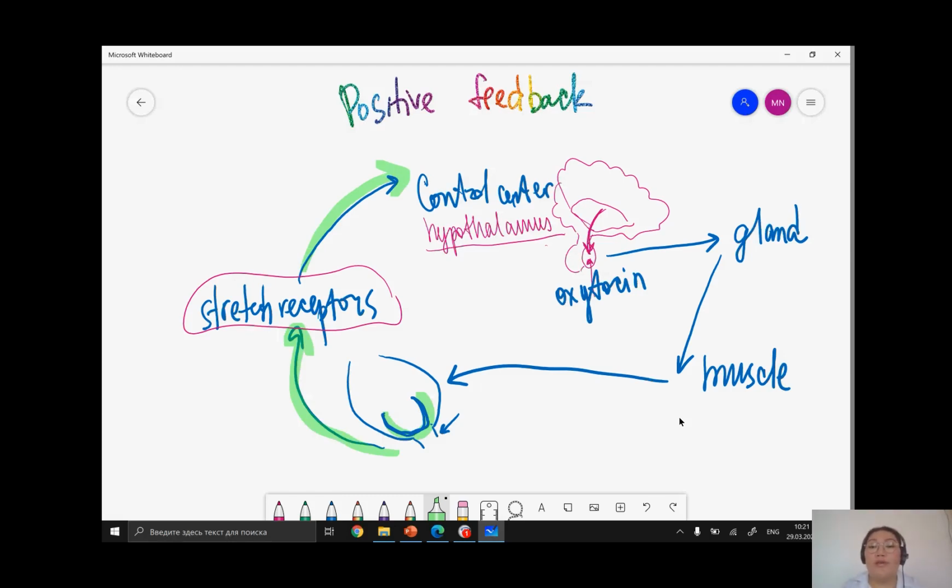The hypothalamus, with the help of the posterior pituitary, releases oxytocin, which contracts the uterus more and more. So you can see that it's a self-amplification cycle. It means that the force of these actions will be stronger and stronger.